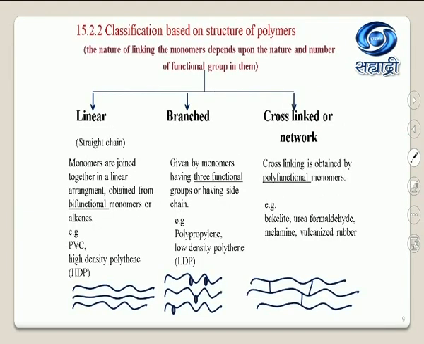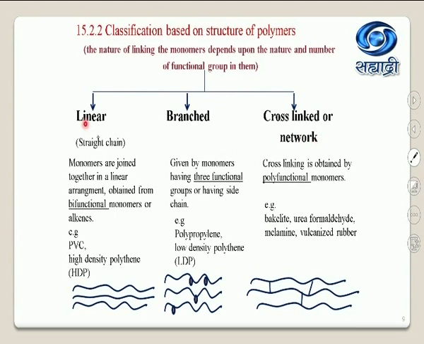Next classification, depending upon structure of polymers. The nature of linking of the monomers depends upon the nature and number of functional groups in them, and therefore polymers are further classified as linear polymer, branched polymer, and cross-linked or network polymer.